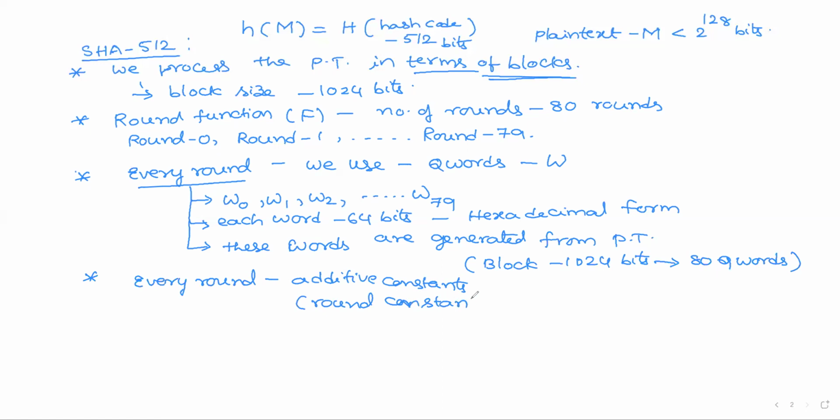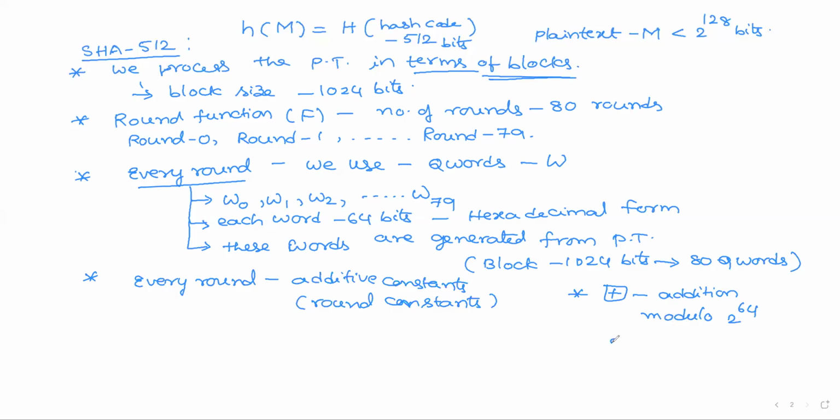Mainly here we are using one operator, that is the addition modulo 2 power 64 operator, which is represented like this. So you know what the addition modulo operation is?